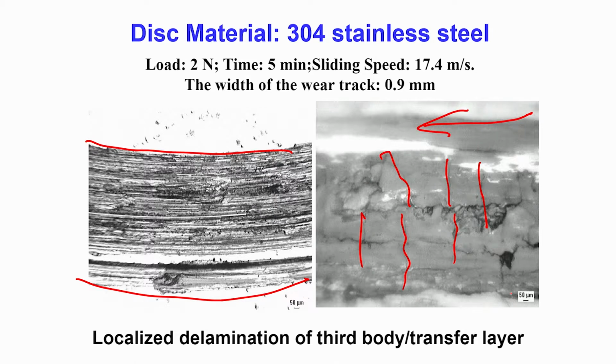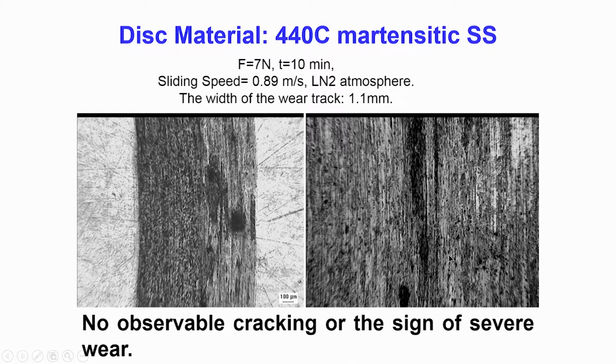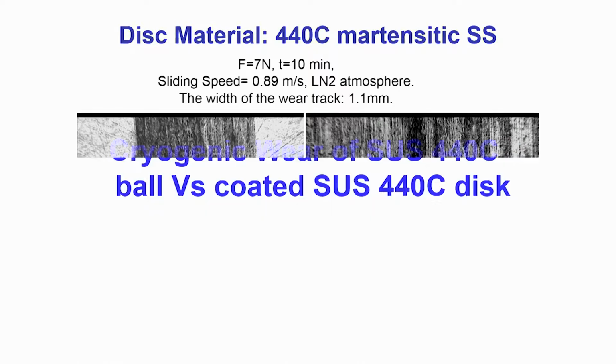Most of the cracks are oriented perpendicular to the sliding direction, which is quite expected, because the cracks always propagate around the tensile stress directions. In 440C martensitic stainless steel, we do not see any cracking on the worn surface like what you have noticed here.